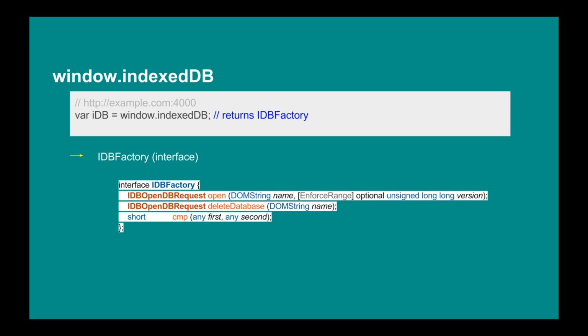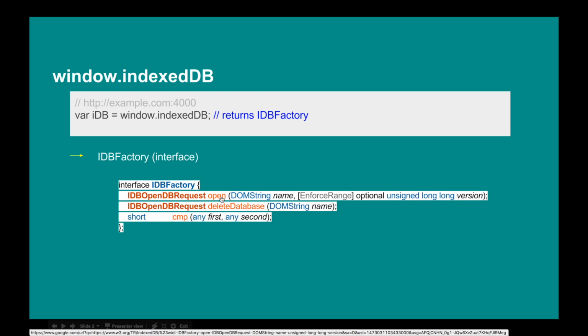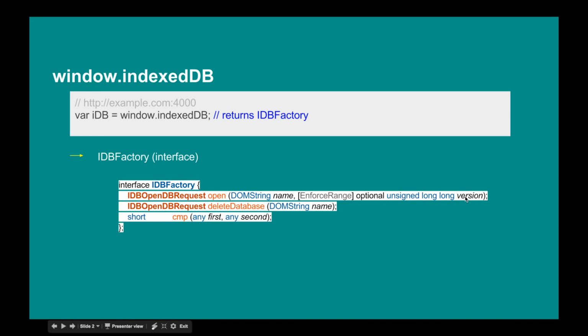From the name itself you can find out this method is used to open a DB, or if the DB doesn't exist with that given name, then it's going to create one for you. And there is a version.